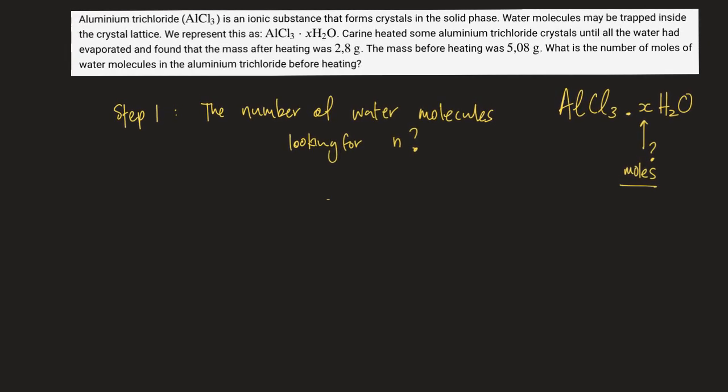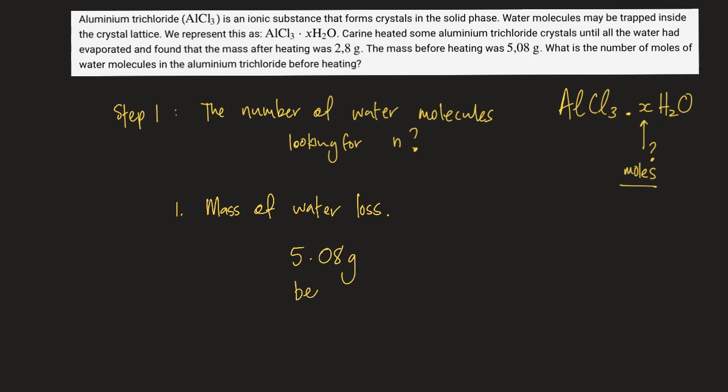So what we're going to do here is find the mass of water loss. Now, if I look at it, they said before heating, it was 5.08 grams. And after all the water had evaporated, you were left with 2.8 grams.